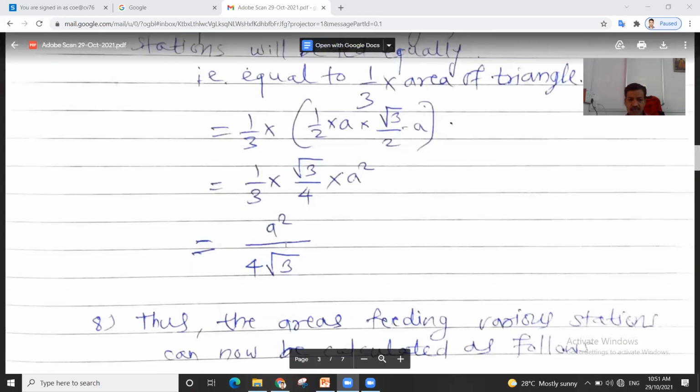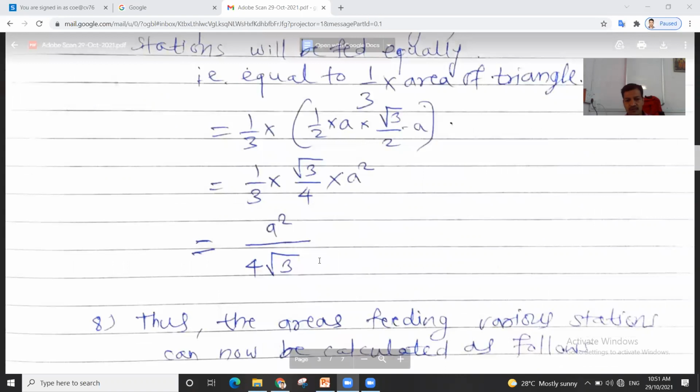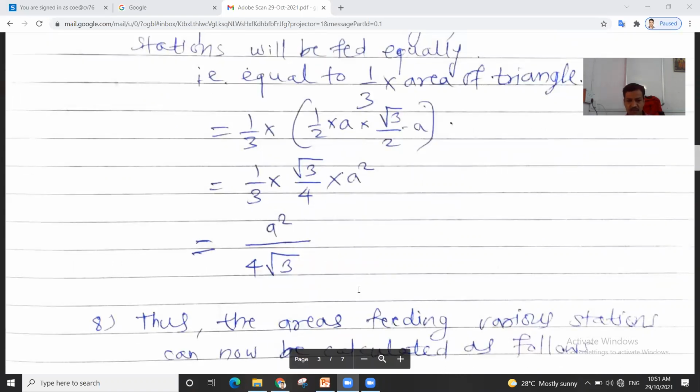Then you get the value A square by 4 root 3.